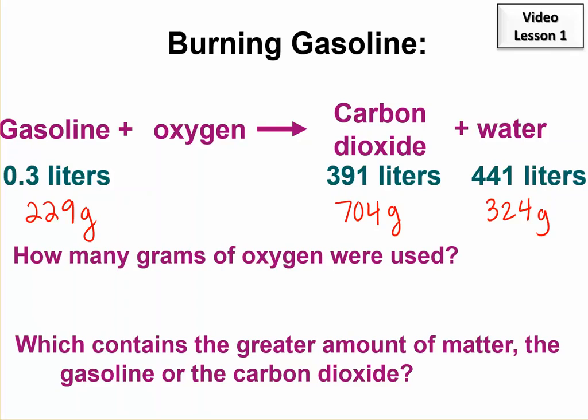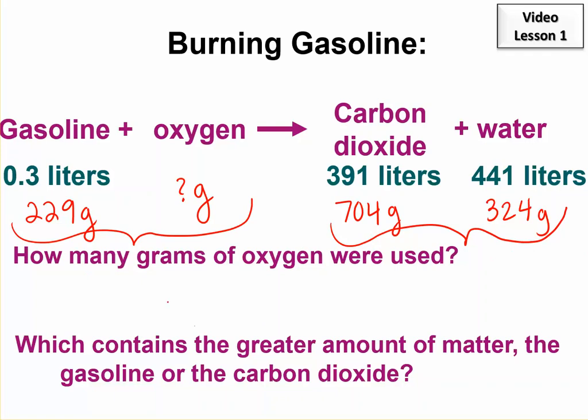So the first question is, I want to know how many grams of oxygen were used. And this is where I use the law of conservation of mass, that no matter is destroyed or created, so the mass has to be the same. In other words, the total mass here has to be the same as the total mass before the reaction occurred.